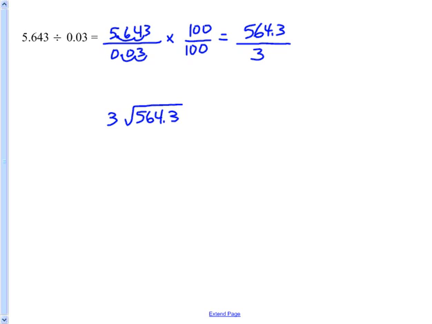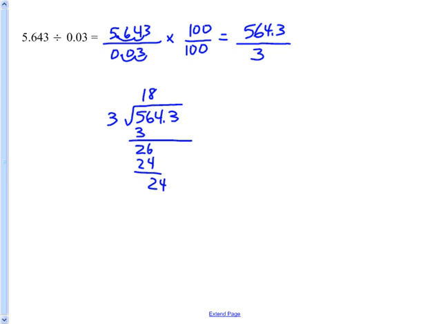3 goes into 5 once. That's leaving me a 2. Bring down my 6. So I have 26 tens. 3 goes into 26 not evenly, but 3 times 8 is 24. 3 times 9 would be too big. That would be 27. So 24. Bring down a 2.